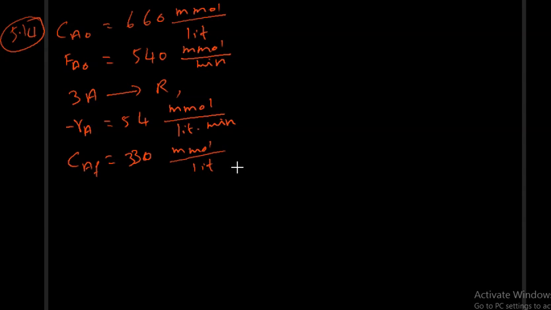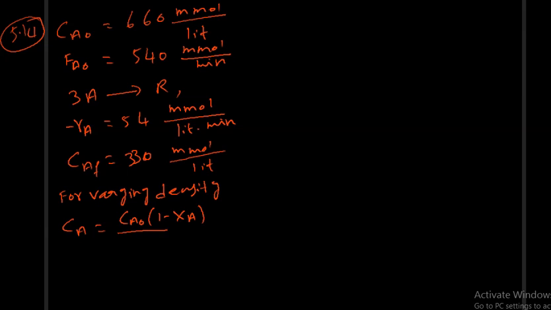Right. So here, for varying density, what is Ca? We already know Ca is equal to Ca0 into (1 minus Xa) divided by (1 plus epsilon A Xa).